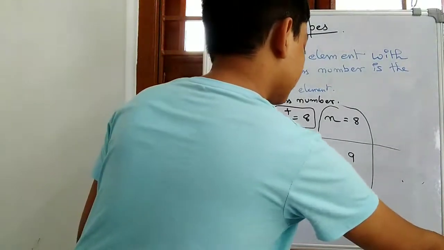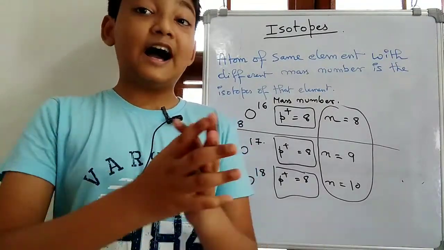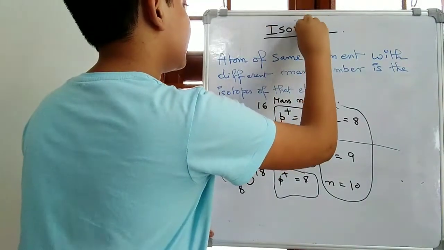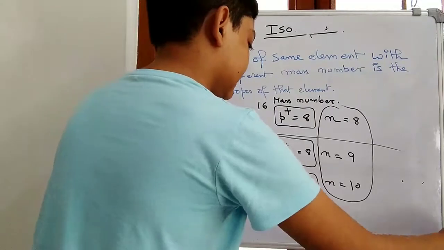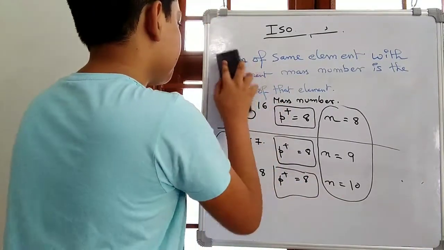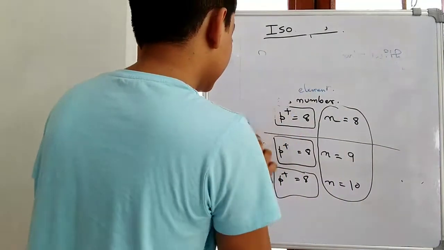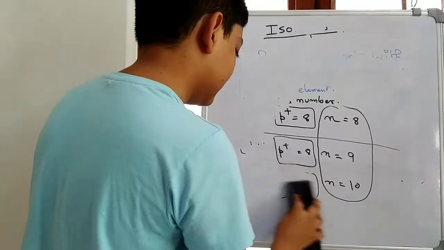So now let's move on to isobars. Let us write isobars, and let us erase this too. Looking very dirty.